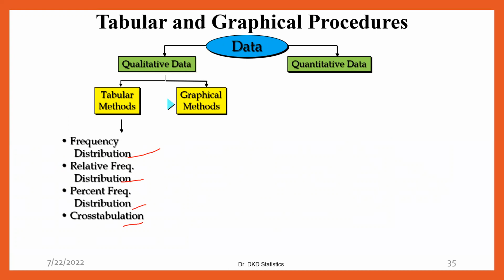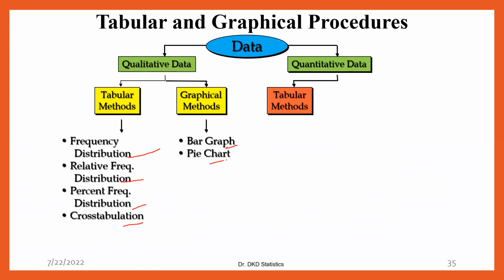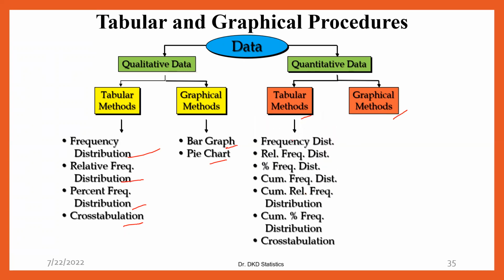For graphical presentation, we can create bar graphs and pie charts. And if we have quantitative data, we again have tabular methods and graphical presentation. In tabular methods, we can create frequency distribution, relative frequency distribution, percent frequency distribution, cumulative frequency distribution, cumulative relative frequency distribution, cumulative percentage frequency distribution, and cross tabulation. Such kinds of analysis we can put in the tabular methods.